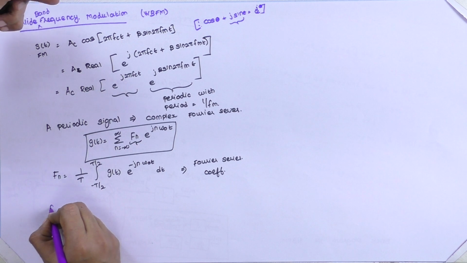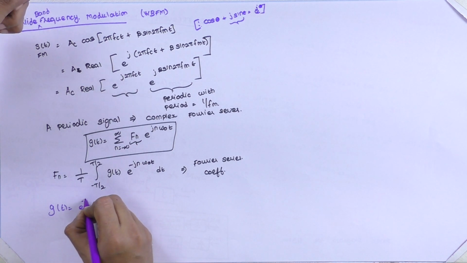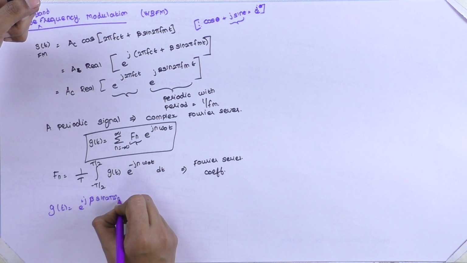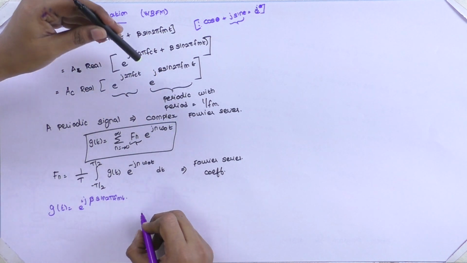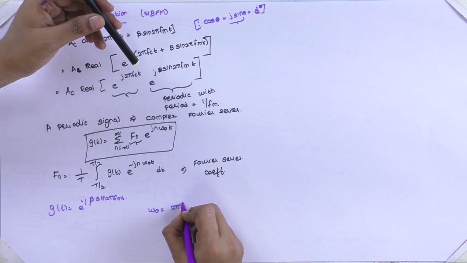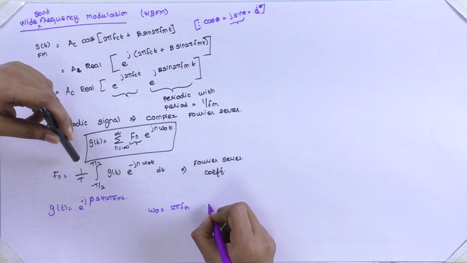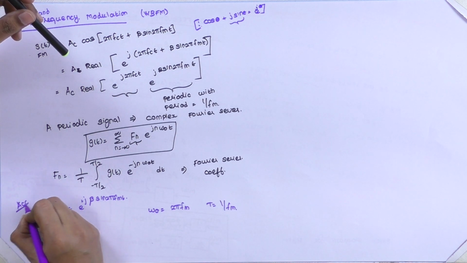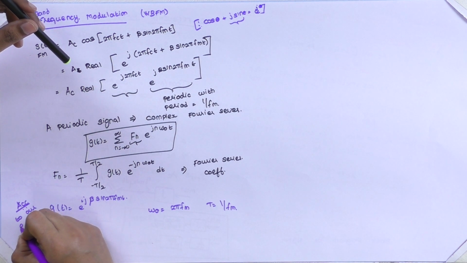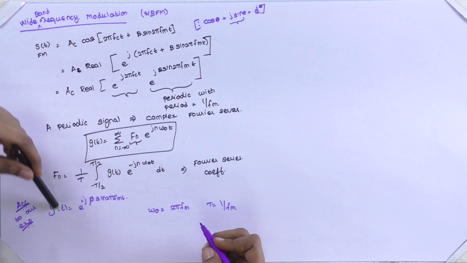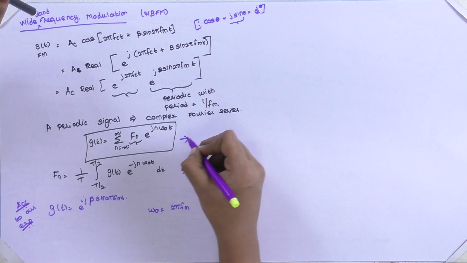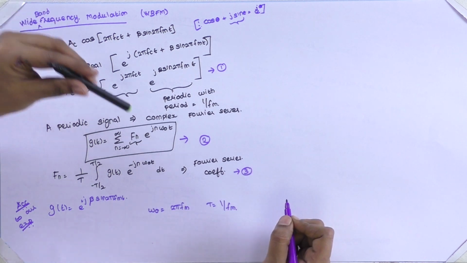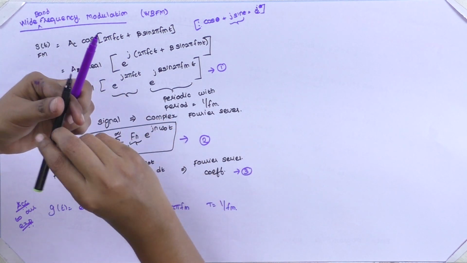What is the value of omega naught? Omega naught is equal to 2 pi fm. The value of T is equal to 1 by fm. Therefore, we have to simply replace these values in this equation. If we take this as equation 1, this as equation 2 and this as equation 3, we substitute all these values in equation 3.